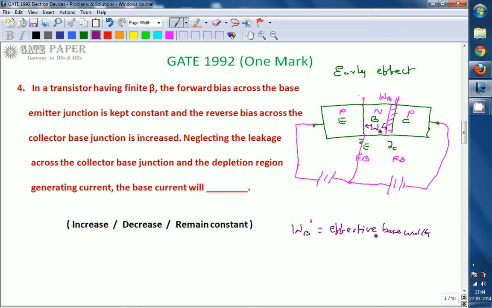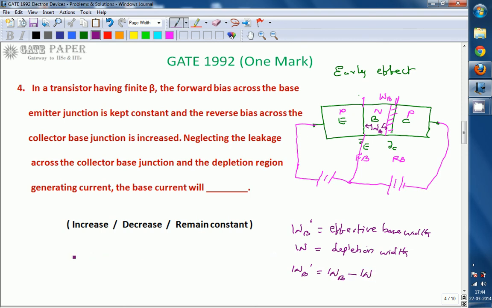Out of WB, only in this portion, WB dash, the mobile charge carriers are present, which can contribute to the collector current. If we call the depletion region width simply W, then WB dash can be defined as WB minus W.